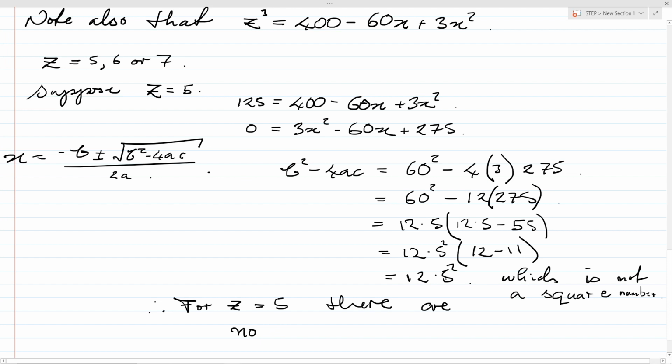The square root of 5 squared is 5, that's fine. But then the square root of 12 is going to be, well, I'll write that, not rational, since the square root of 12 times 5 squared will be obviously 5 times root 12. Well, 12 is 4 times 3. The square root of 4 is 2, so that would be 5 times 2 times root 3, which is obviously not rational.